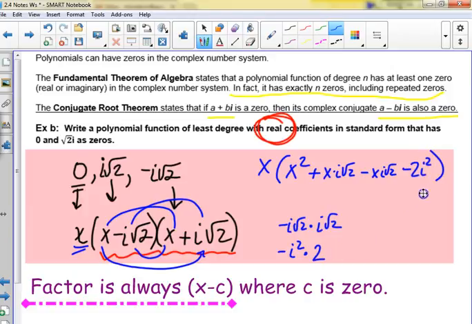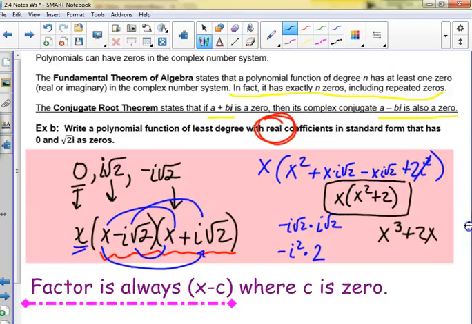Yes, because i squared is negative 1. Negative 1 times negative 2 would be plus 2. What happens in the middle here? Yep, so we end up with an x times an x squared plus 2, which standard form would then be x cubed plus 2x.